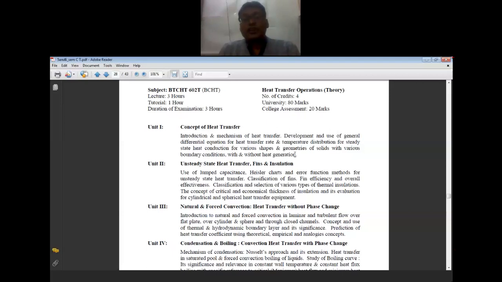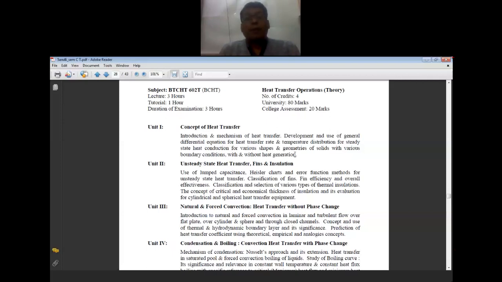So this heat transfer is related to the temperature difference, which is the root cause for understanding this subject. This subject of heat transfer is not studied only by chemical engineers, but is also studied by mechanical engineers in depth.